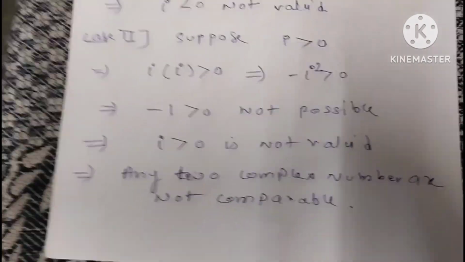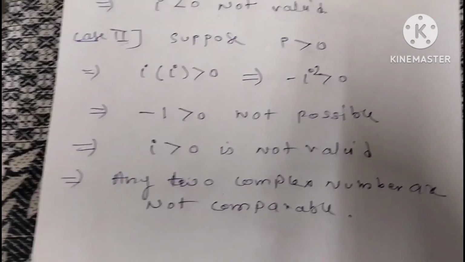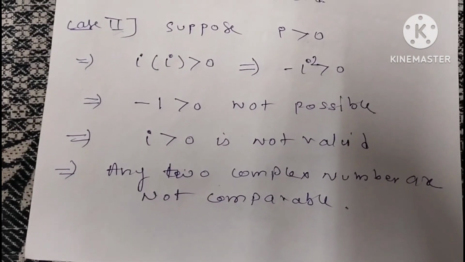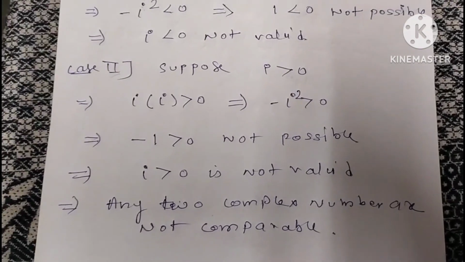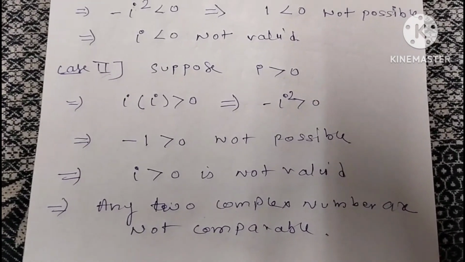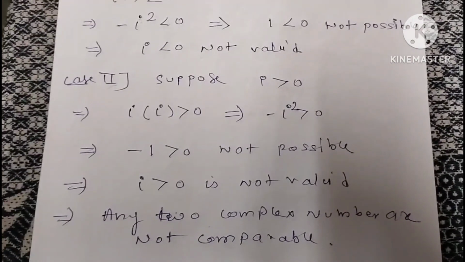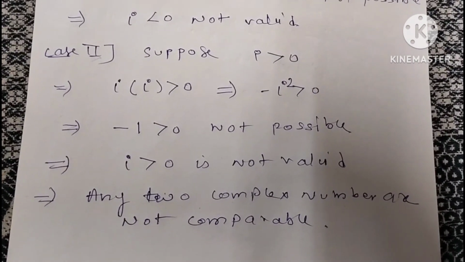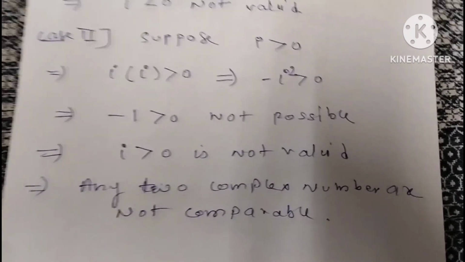So likewise, you can take any two complex numbers and you can disprove it. That is why we say complex numbers are always not comparable. Here one statement I will add. If I have to prove something, then it must hold for all elements.